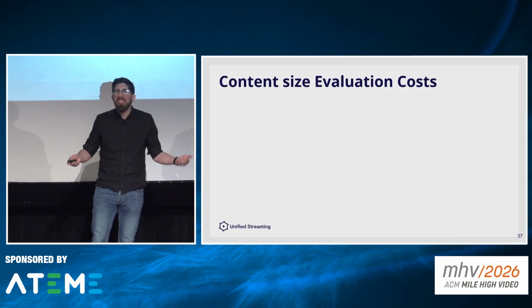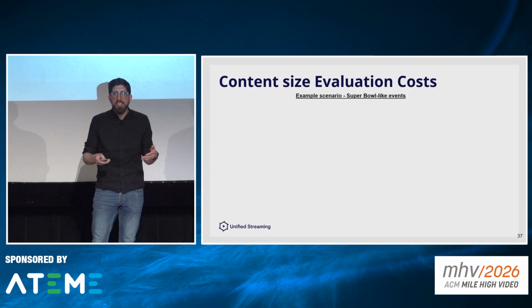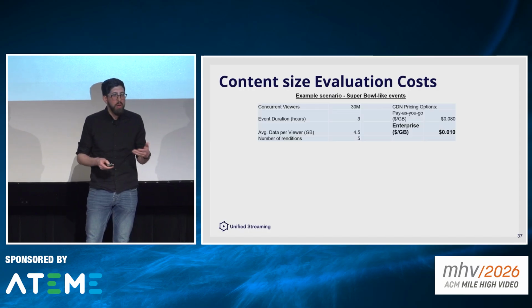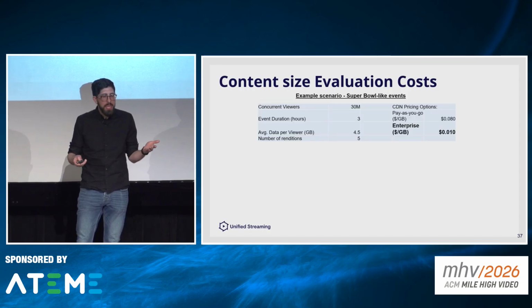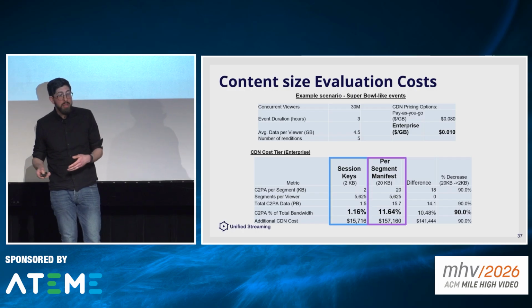So what does this mean? Actually, as a really simple estimation of the impact, we took basic numbers from a popular CDN and made a couple of calculations: the session keys method is around 2 kilobytes, and the per-second manifest is a minimum of 20 kilobytes.